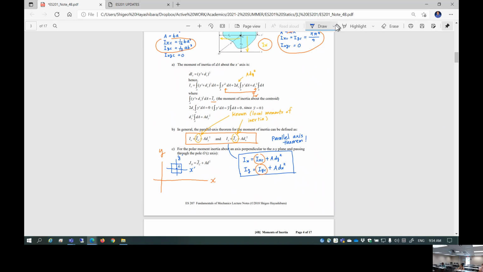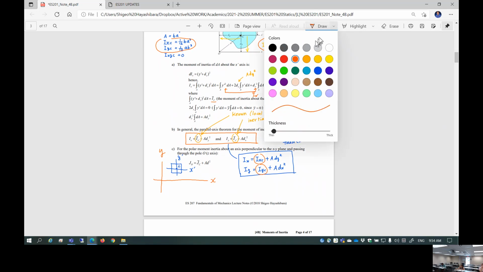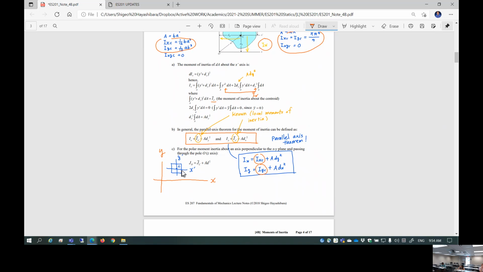And then the question is, determine the moment of inertia of this cross-section about the x coordinate axis. How do you find it? You use the parallel axis theorem because you know Ixc. Ixc is 1 over 12 b times a cubed. And then this is the distance dy. So Ixc plus the cross-section area times dy squared is going to be Ix.